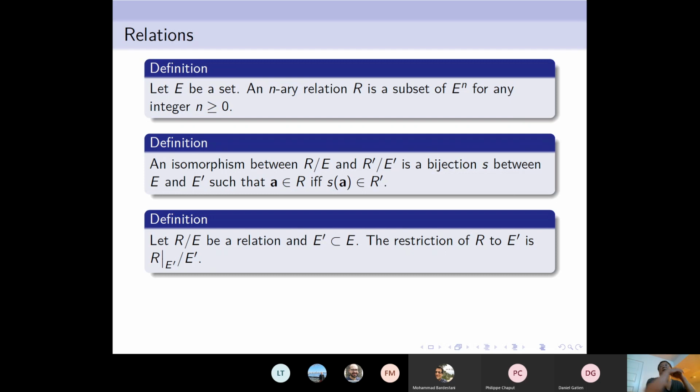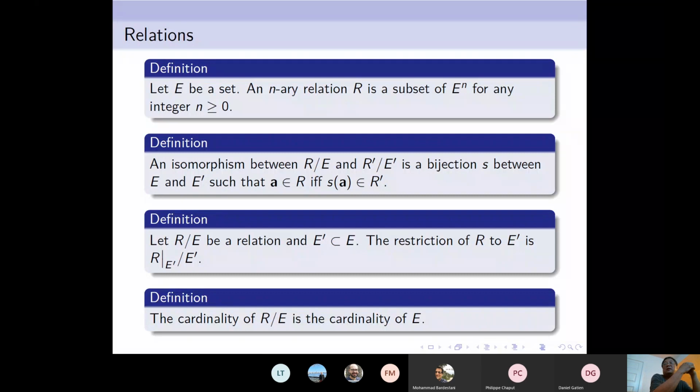We can also say E is an extension of E prime, which means the corresponding relation is an extension, depending on which direction we talk about these two relations.